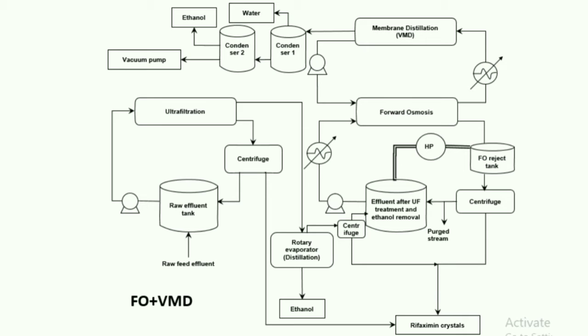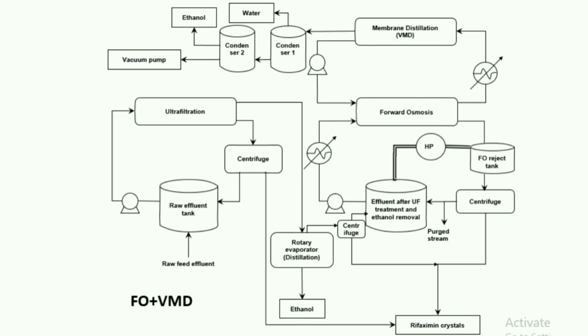It is then centrifuged to get the large rifaximin crystals, and after that the supernatant solution is fed to the forward osmosis system, where the high molarity draw solution will extract some water from the feed effluent solution, and due to that the solution gets concentrated slightly.